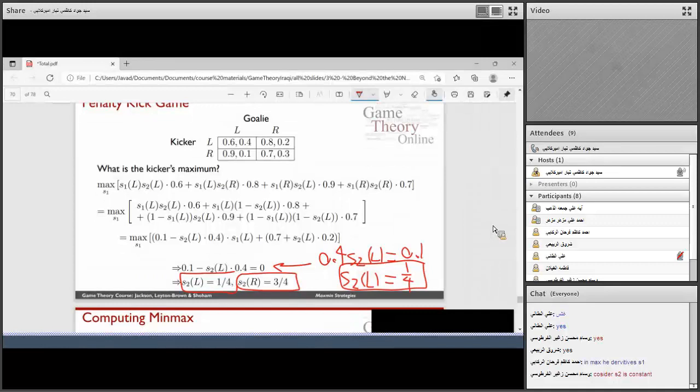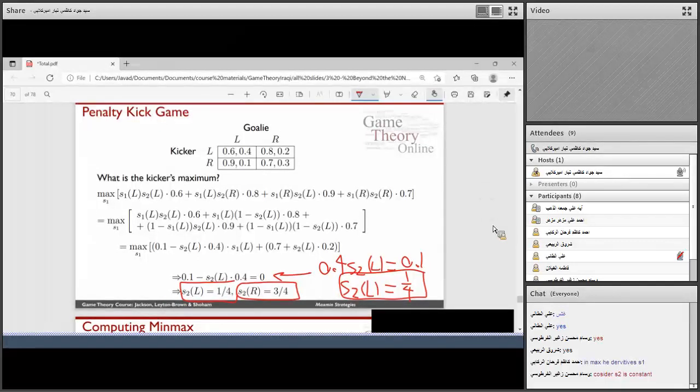So shall we solve the same thing for max min now? I think that's a good idea. I think it would be a good idea to do that. But I want to make sure everybody understands so far. If everybody understands so far, we're going to go back to solve the max min now.